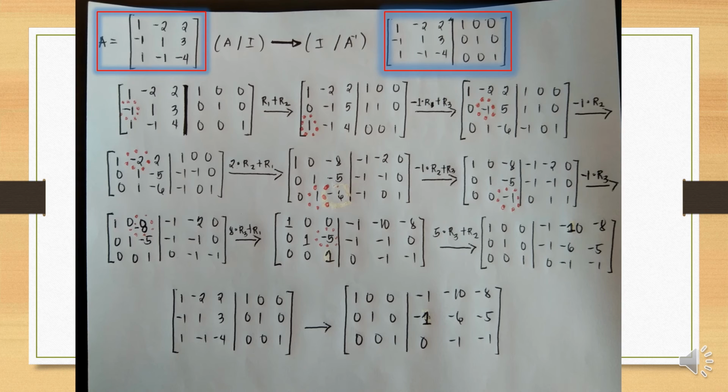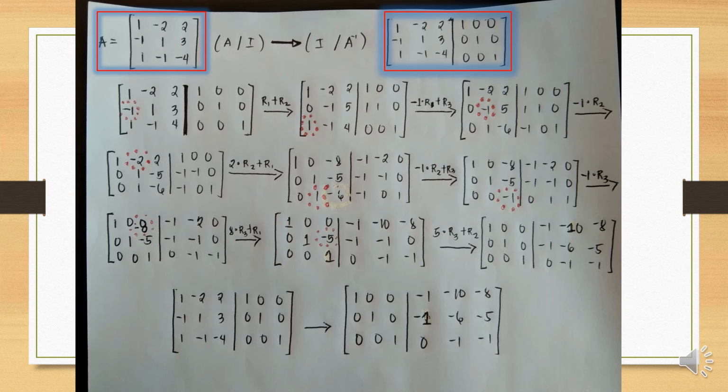And now, I want this negative 5 to become 0. So this is the process: 5 times row 3 plus row 2. So just copy row 1 and row 3. Correction, it is 5.